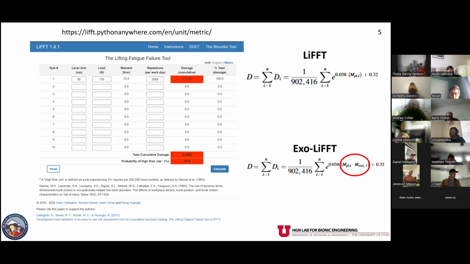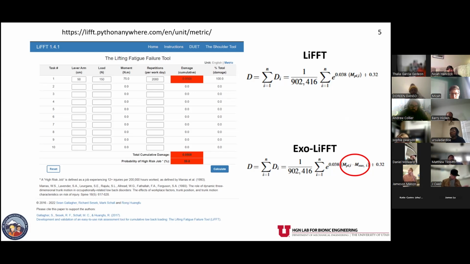So they did a comparison using the lift equation, which has been simplified. You can see on the top right, MPL is your peak lumbar moment while lifting. They're adding up all the times that you're lifting throughout the day and coming up with this damage tool.